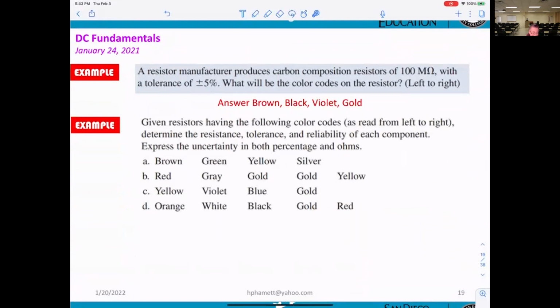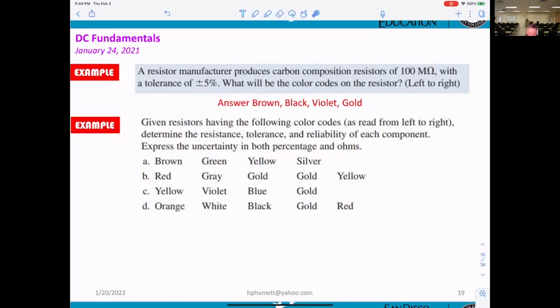Now, in order to understand, try example number 1. A resistor manufacturer produces a carbon composition resistor of 1 mega ohm with tolerance plus minus 5%. What will be the color code on the resistor?